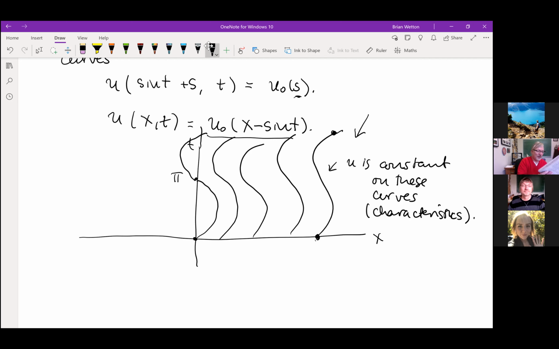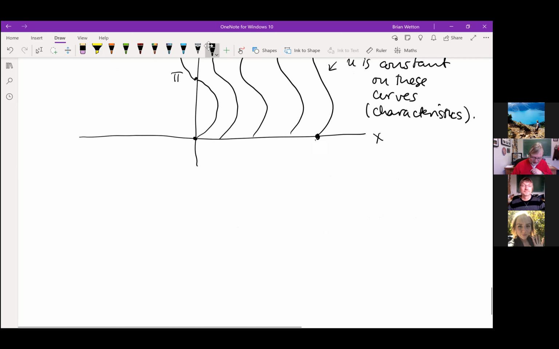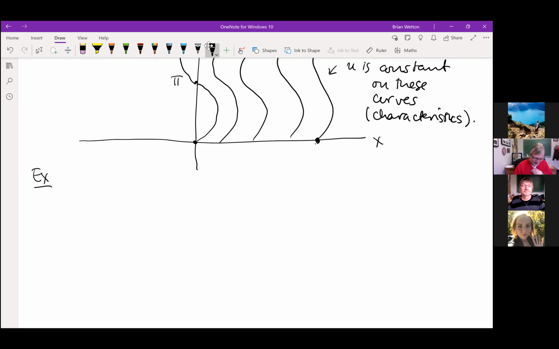Okay, let's do an example where you can, but let's say we won't work out this inverse problem. We're just going to look at the parametric form that comes out. So I'm going to have a different problem.